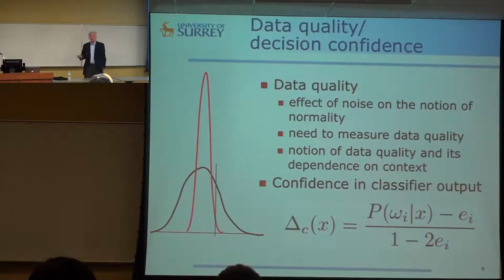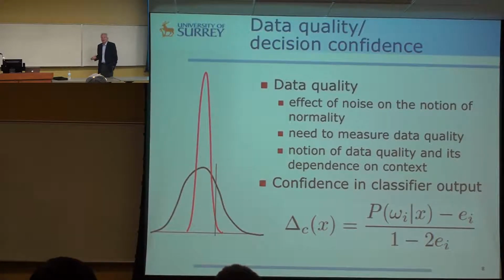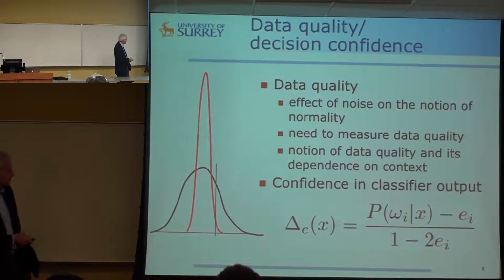If my distribution can decide how much of the data probability will correspond to normality, very often it's 99% to 95%, and whatever level of confidence you decide on, you define some sort of cutoff threshold. And if you make an observation beyond that threshold, then you would say it's an anomalous situation.